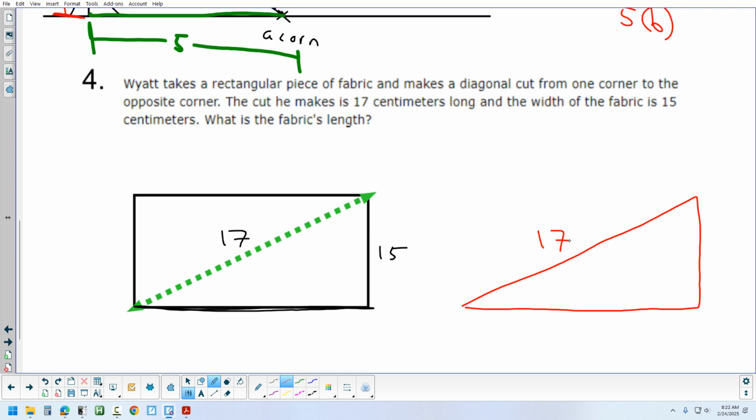We know the width of the fabric is 15, so that part is the height of my triangle. That's my 90-degree angle because that's the corner of the rectangle, right there. And they want to know what is the length of the fabric. Okay. What letter should I use to represent the length?